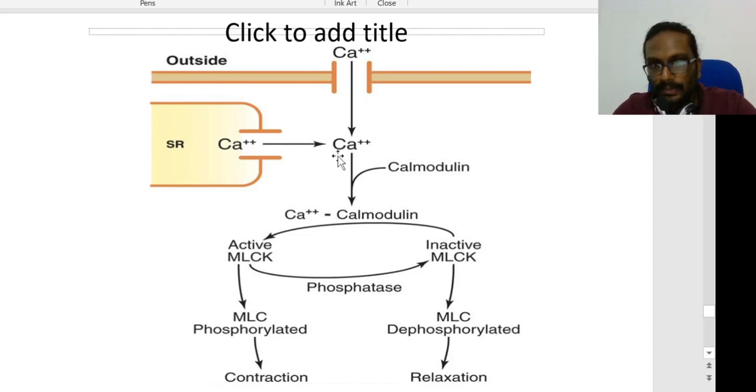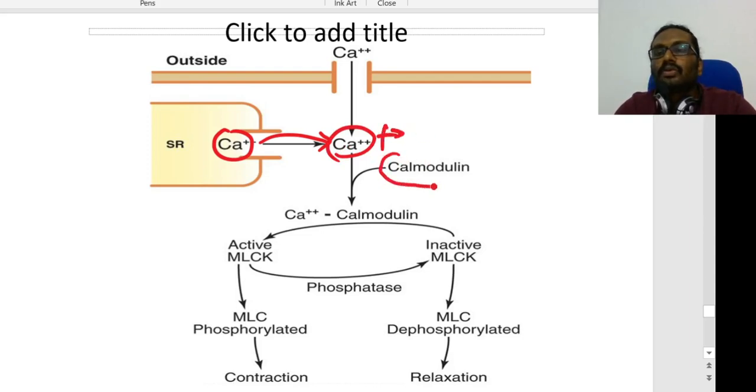So this is how it happens. The calcium that comes in is going to release the calcium stores through the store operated calcium channels, or the calcium which is stored is also going to dislodge from inside the sarcoplasmic reticulum into the cell cytosol. Now this calcium is going to bind immediately to a binding protein called calmodulin.